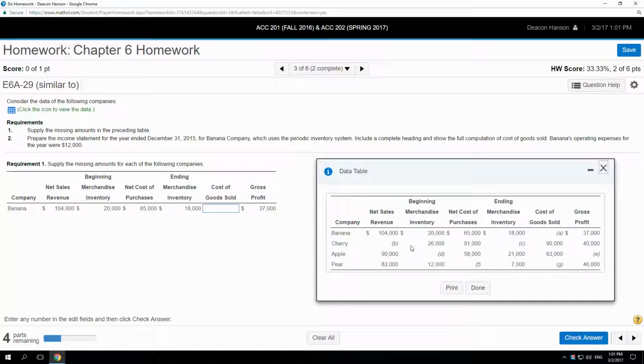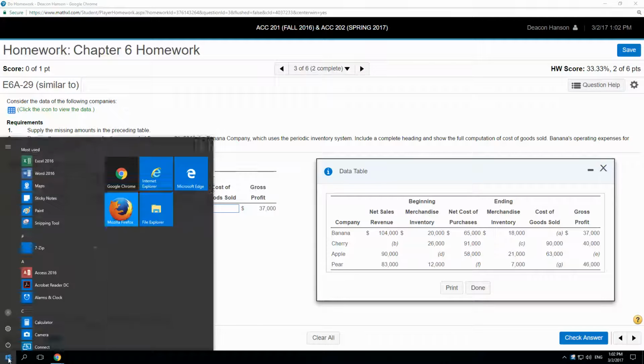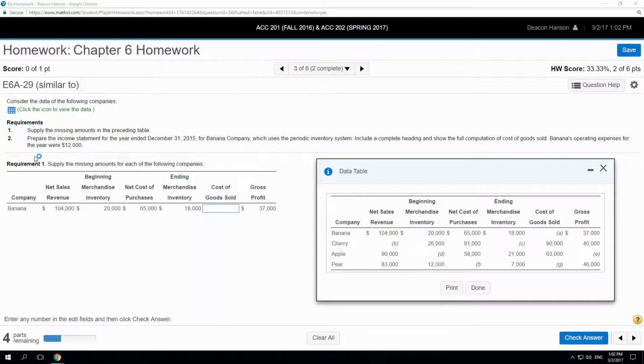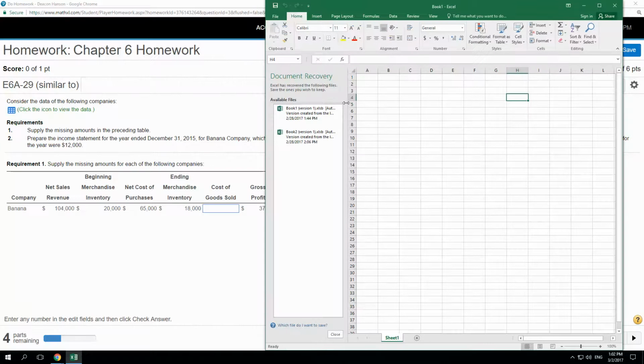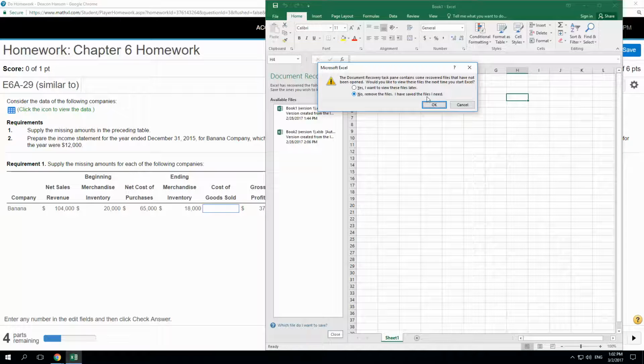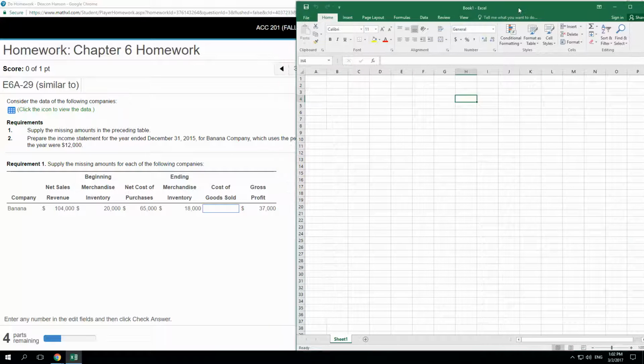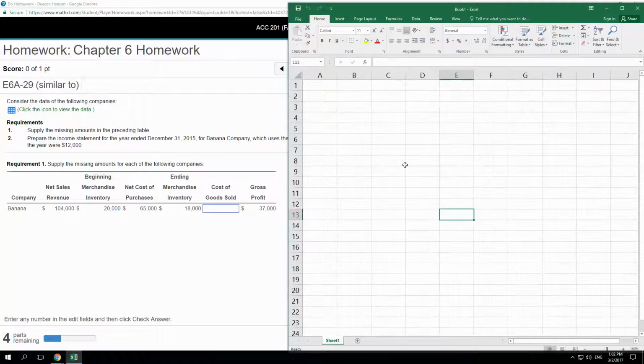Okay, so it's really just testing your knowledge of the periodic system as far as it goes with cost of goods sold. The formula. Remember I gave you that formula earlier on, let me show it to you. We start with beginning inventory, right? And then we're going to add the purchases.